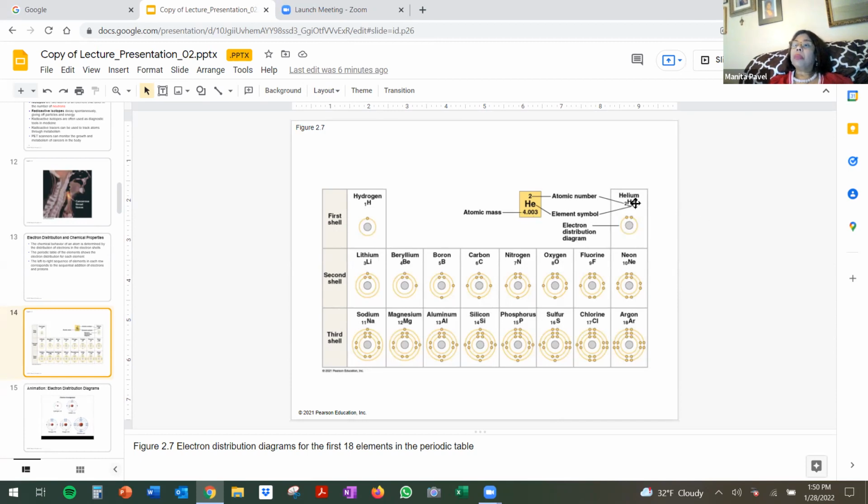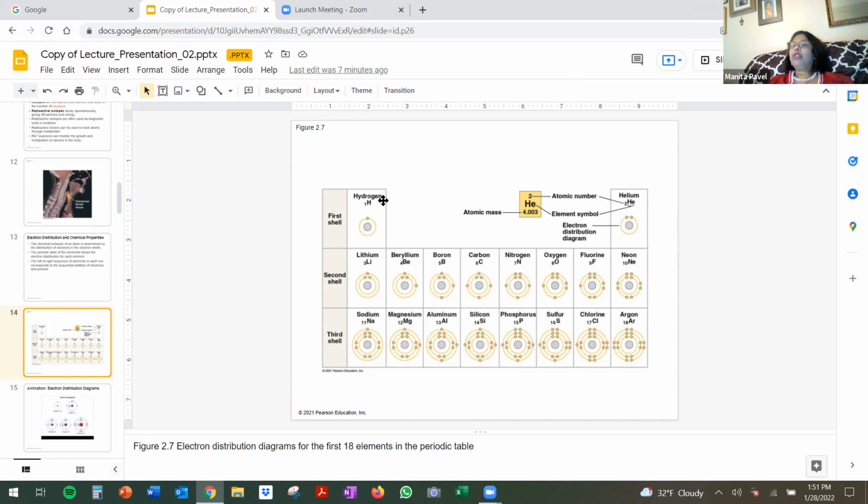Helium is a gas, one of the lightest gases. It has an atomic number, the smaller number, of 2. The number of protons is 2, which is always equivalent to the number of electrons. Proton number is equal to electron number. Do not forget that. And the larger number, we always use whole numbers, so atomic mass is approximated to 4. That is the mass number, and it refers to protons and neutrons in the nucleus of an atom.